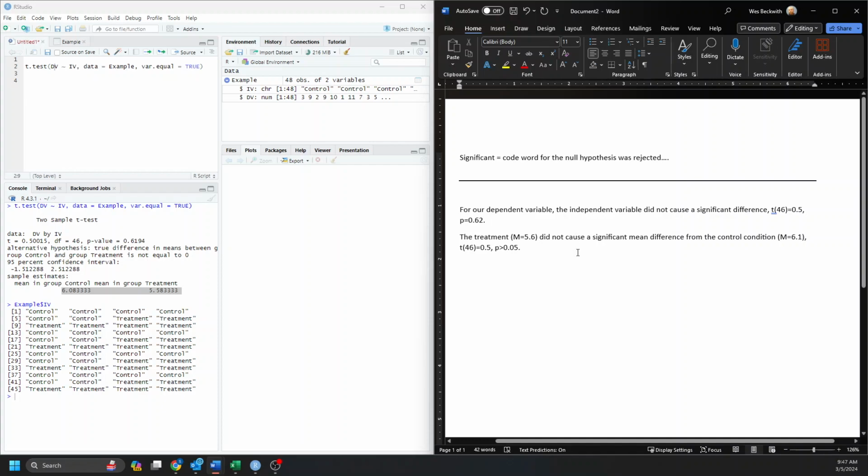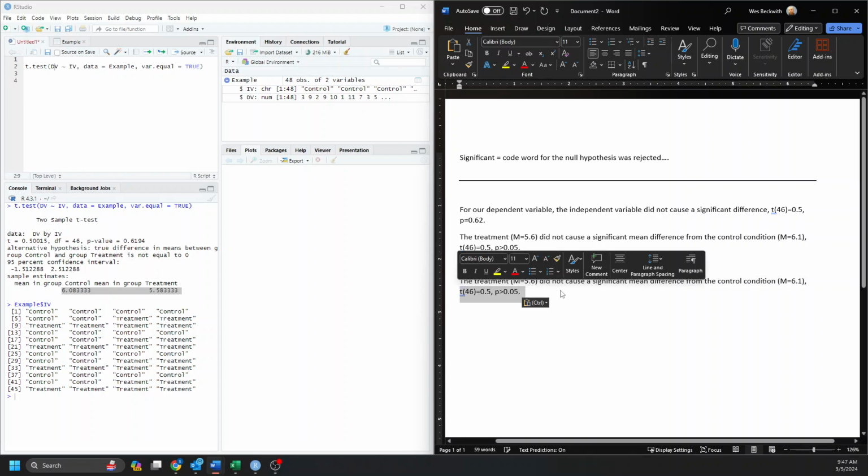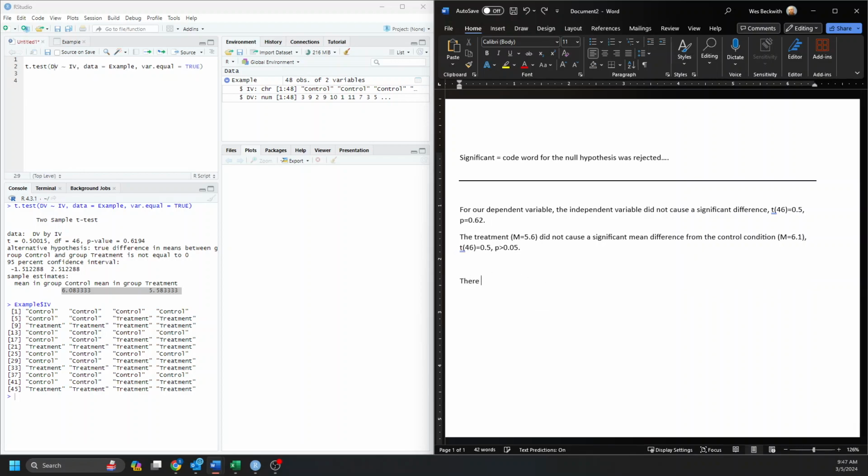Now you could also say, well, this is a results section, and maybe we shouldn't be talking about causing. So you could edit this sentence to say, actually that's a better way to handle that altogether, there was not a significant difference between the treatment and control conditions. Again, we have a full sentence. It stands on its own.